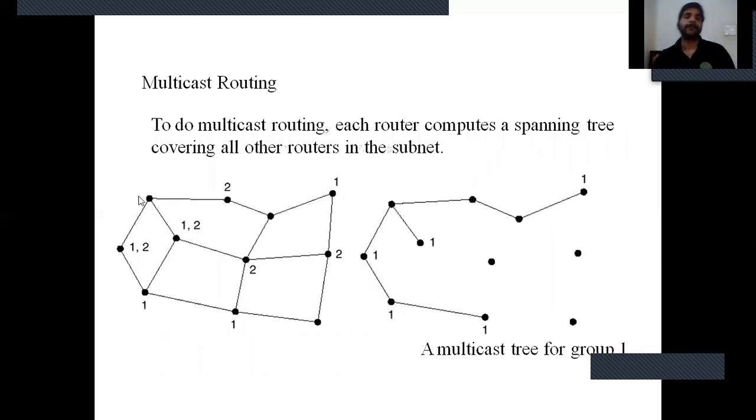Suppose, to do multicast routing, each router computes a spanning tree covering all other routers in the subnet. This is the graph, and this is the multicast tree for group 1, where only the routers of that group are connected with the help of this spanning tree.